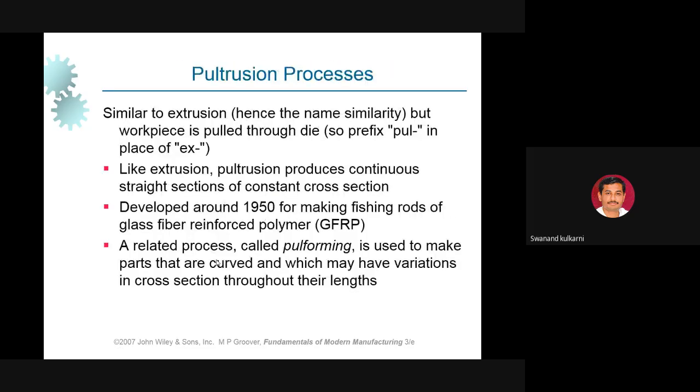Extrusion and pultrusion produce continuous straight sections of constant cross section. Near about 1950, this particular process was developed for glass fiber reinforced polymers. A related process called pulforming is used to make parts that are curved and which may have variations.